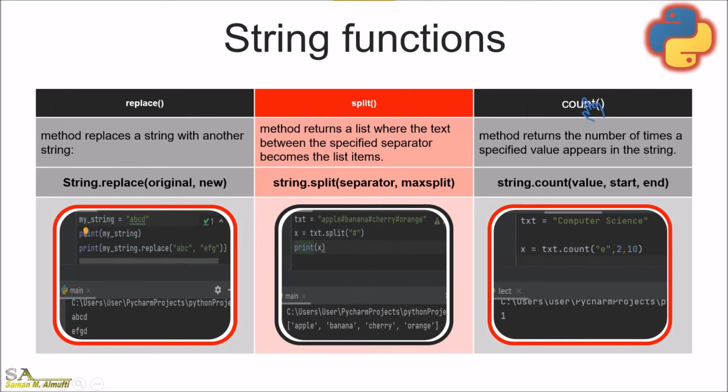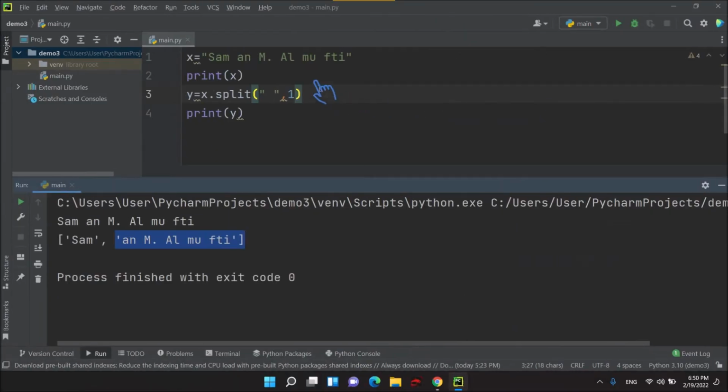Count returns the number of times a specified value appears in the string. For example, if we search for a character or a string in a text, the number of times it appears in the string will be returned. For example, Saman Almufti.